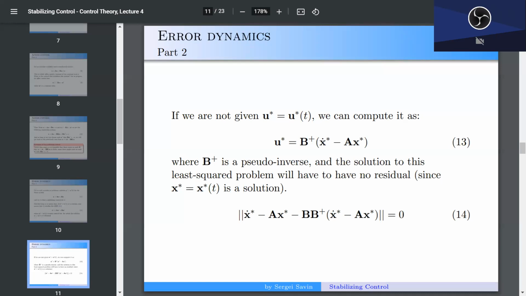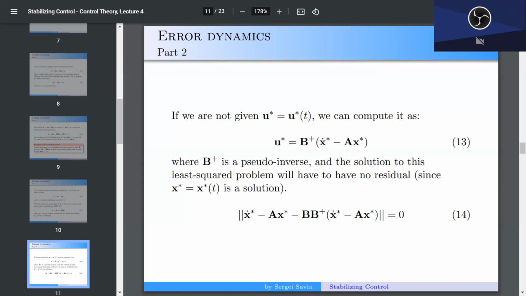Now, what we get is this equation, which guarantees us a least residual solution, but that is not satisfactory. We don't care about least residual solutions. What we care about is exact solutions. But in this case, we can guarantee it. We can guarantee an exact solution, even though I've written pseudo-inverse. Why?